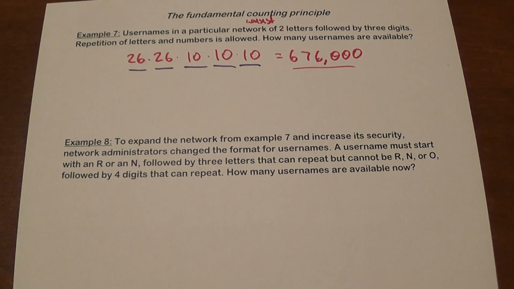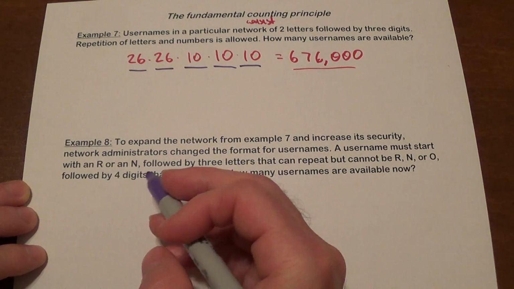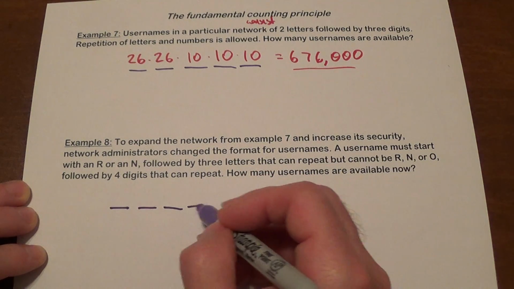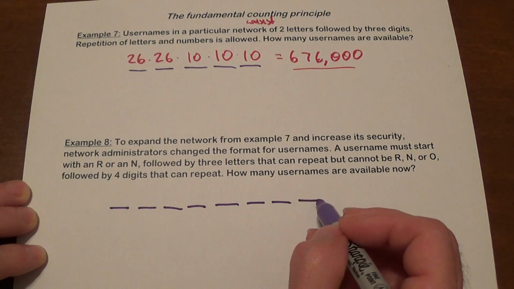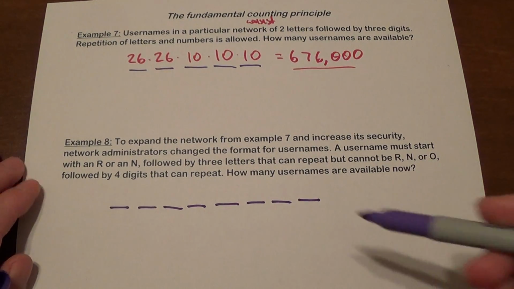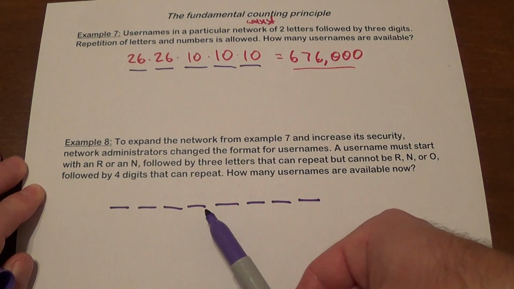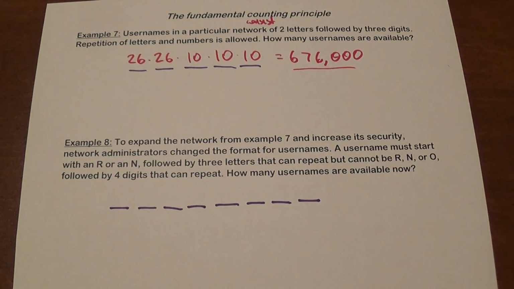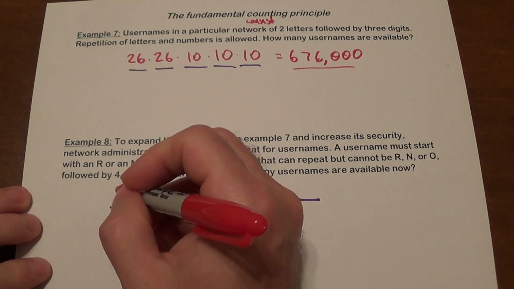Well, it's really confusing at first. Let's figure it out. The first letter followed by 3 more letters followed by 4 digits, right? But now we need to figure out the correct combination here. For the first letter you can only use R or N. That's 2 possibilities.